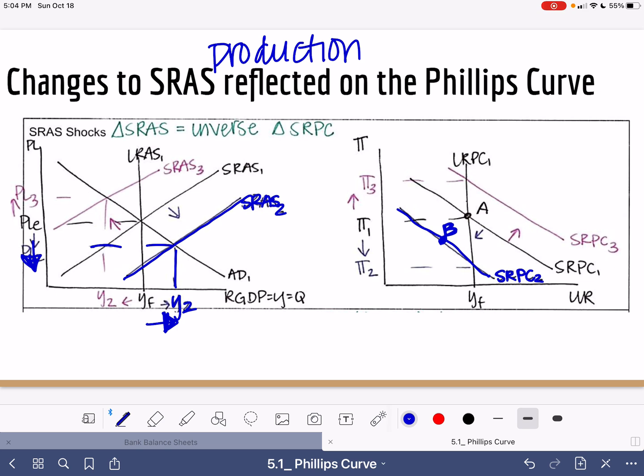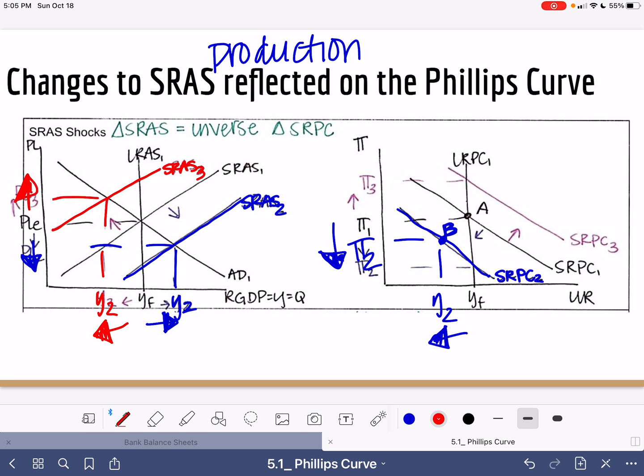We're off equilibrium. So there's point B. Here's Y2, and then here's our inflation 2. So we've decreased inflation and we've decreased the unemployment rate. Same changes that we see on our market economy. Now if we look at our decrease in production, our decrease in production will increase unemployment and increase the price level.